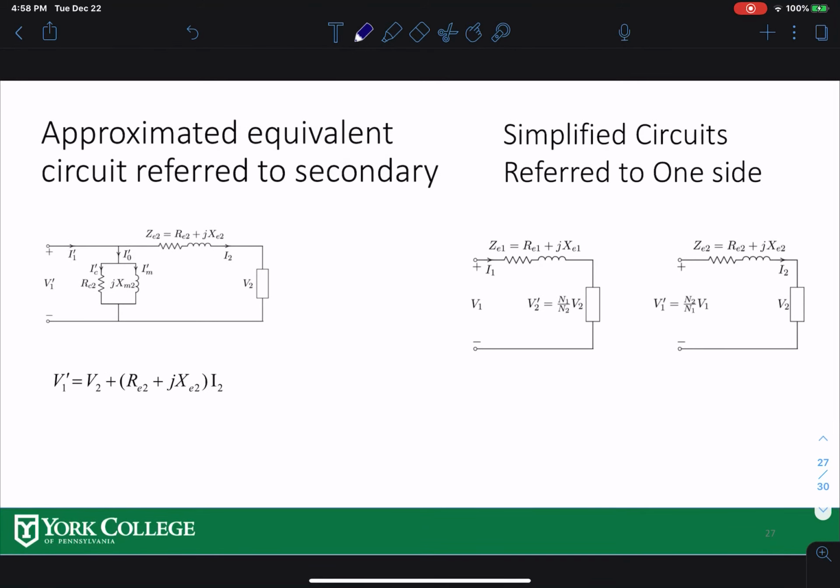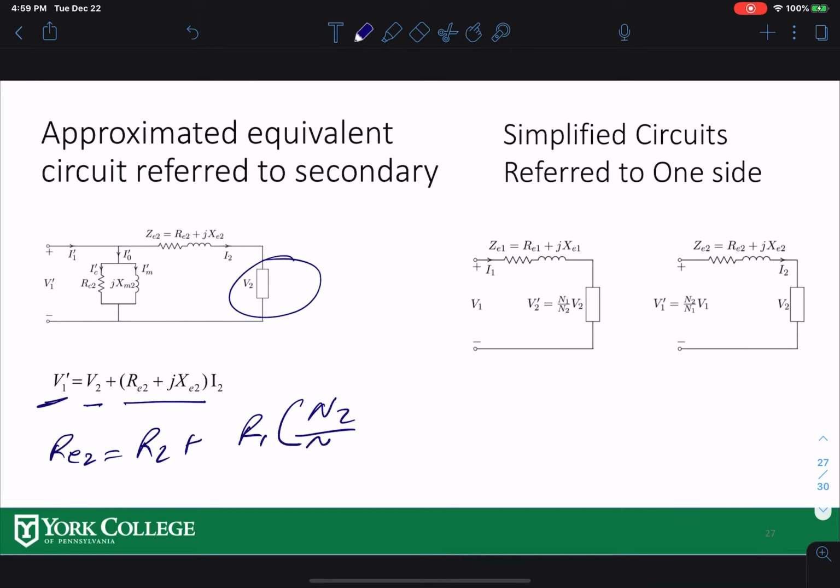Now, if you do the same thing to the circuit to refer to the secondary, then you'll get V1 prime here would be V2, because you don't change anything here, and RE2 and XE2. What is RE2 here? It's basically R2 plus R1 times N2 over N1 squared, right? And what is XE2 here?